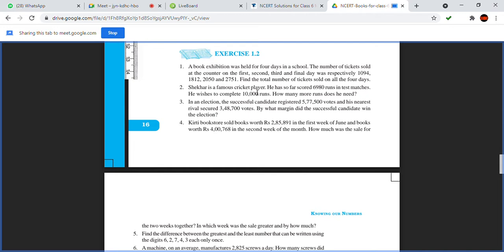Then after you write what is the number given. Do you have the textbook? Yes, miss. Then look there and write. Then third one, number of tickets sold on third day. Tickets sold on third day is equal to 2050.